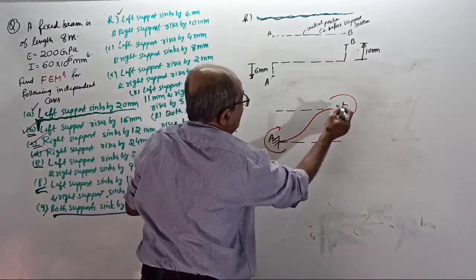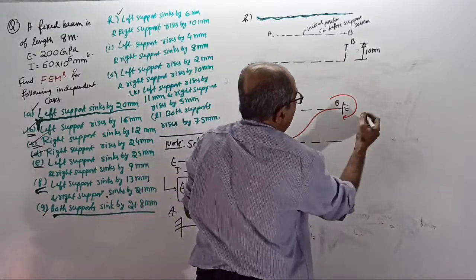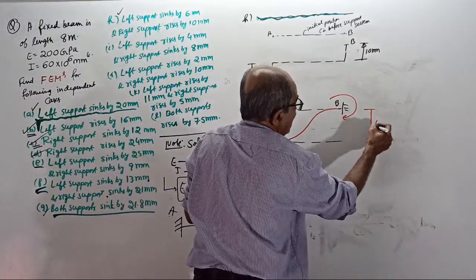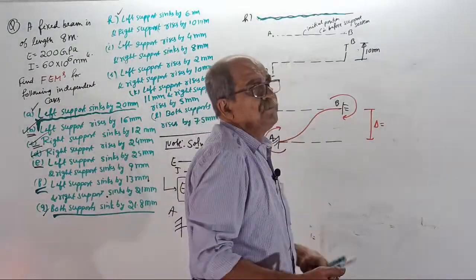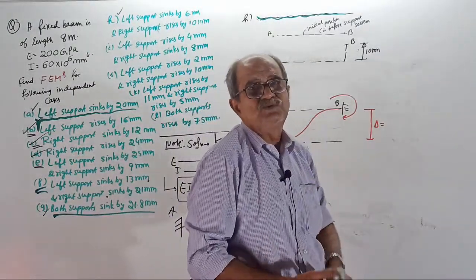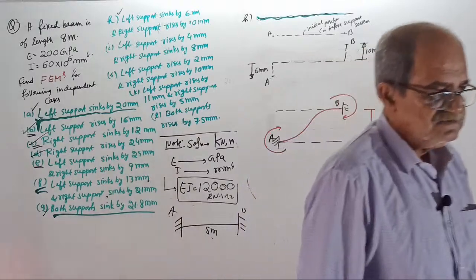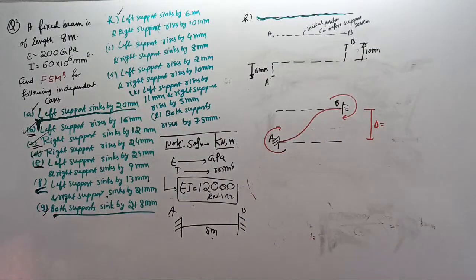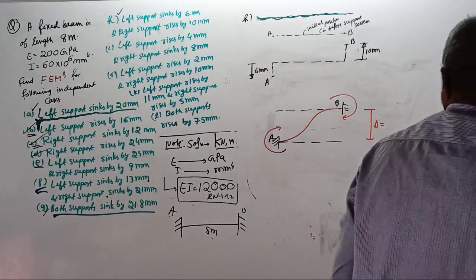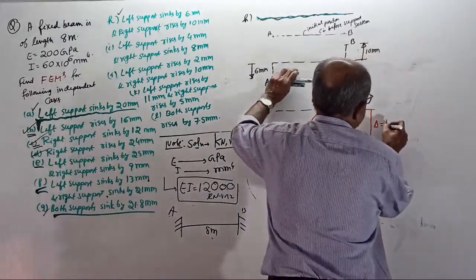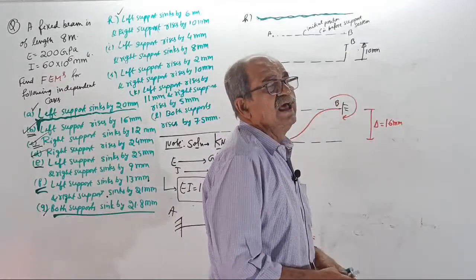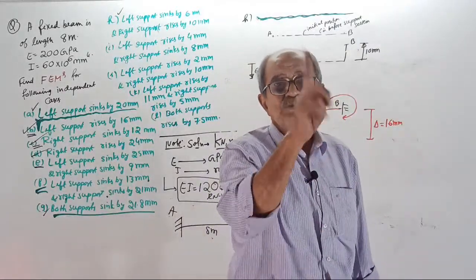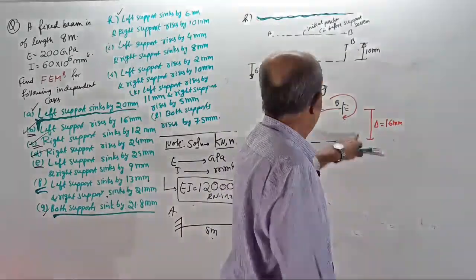This is A, this is B. Now tell me what is delta. Both are clockwise, plus 6EI delta by L squared. Delta is 16 millimeter. Why 16? Some will say, sir, one is going down, the other is going up. That's why 16. Correct.